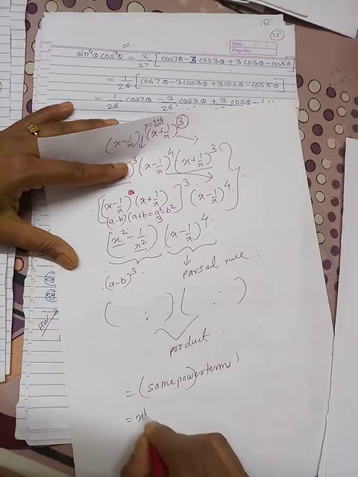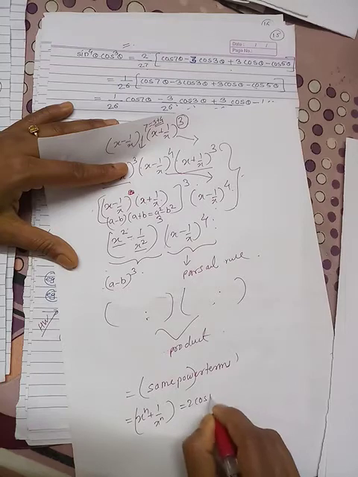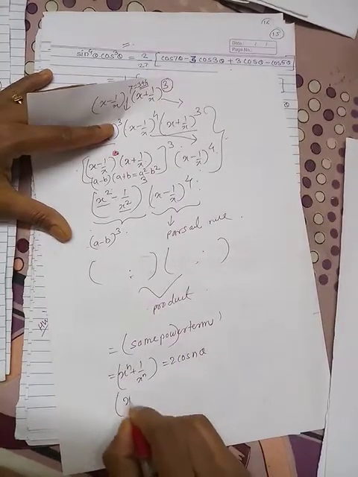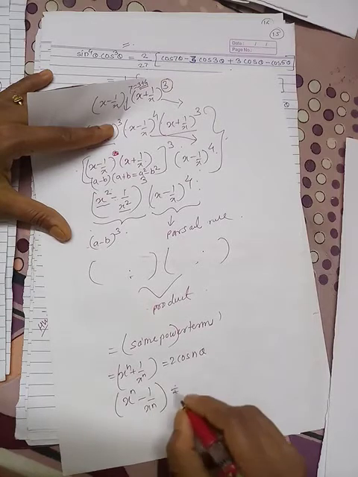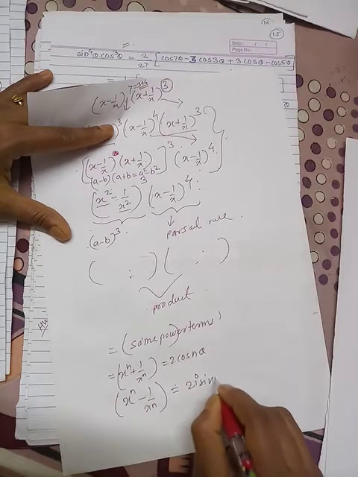And use x raised to n plus 1 by x raised to n formula, that is 2 cos n theta. And also if the answer contains x raised to n minus 1 upon x raised to n, then use 2i sin n theta formula.